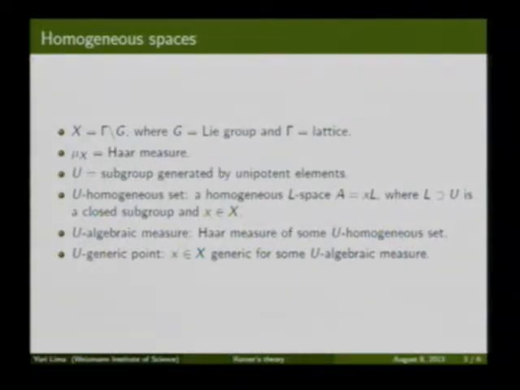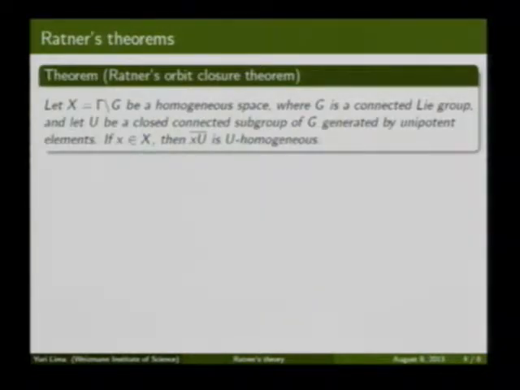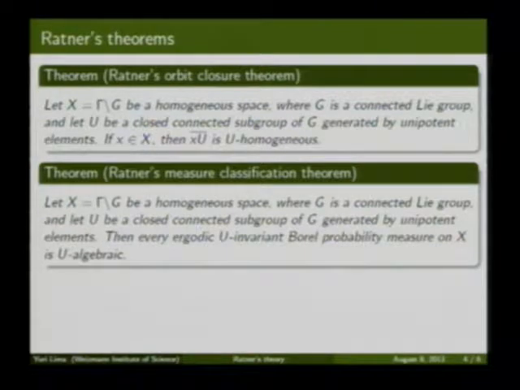They are very nice. They are very rigid. And Ratner's theorems say that orbits of actions of subgroups generated by unipotent elements, if you close them, the closures of orbits are always U homogeneous. The other theorem says that measures which are invariant and ergodic under these actions are always U algebraic.